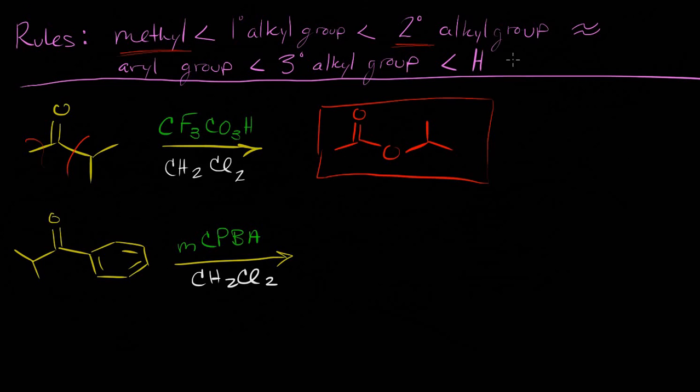Well, if we look over here at the rule, we see that our secondary alkyl group is about equal in migratory aptitude to an aryl group. And so what that means is that we would expect about a 50-50 split of the secondary group being the migrating group and the aryl group being the other 50%. And so I will write both of them right here.